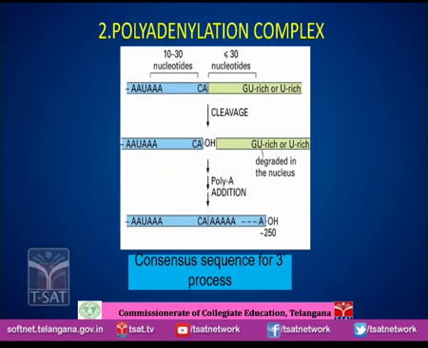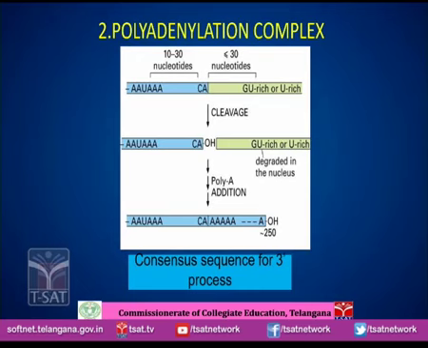This signature sequence is found around 10 to 30 nucleotides upstream. About 10 nucleotides away we can find one more sequence called CA, cytosine and adenine, and from there up to 30 nucleotides we see GU-rich, guanine and uracil rich, or in some cases uracil-rich sequences.